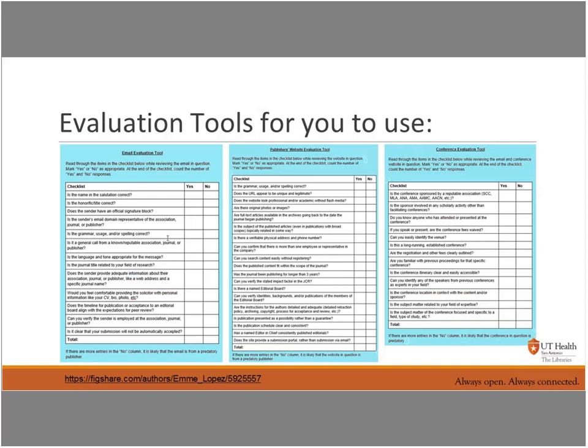Please send us feedback if you have any, if it worked, if it didn't work, if you have questions. That's what prompted us to create these tools, so that we could have something to give to our faculty that we could also use to make an informed decision and feel empowered to do it. These tools are on Figshare, so we welcome you to use them and to distribute them if you need to, it's fine.